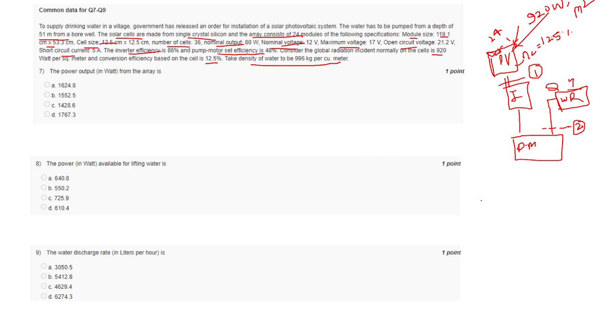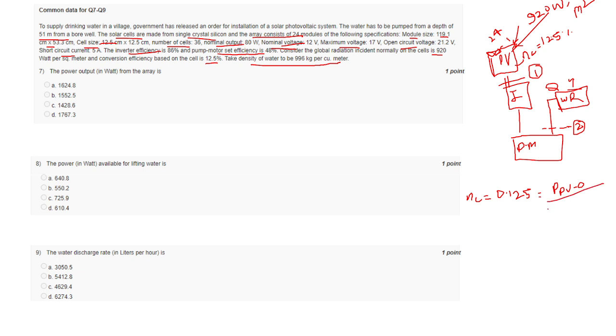So this efficiency of 12.5% will be 0.125. This will be equal to power output upon power input. The power output will be from the PV array, output upon your power input.